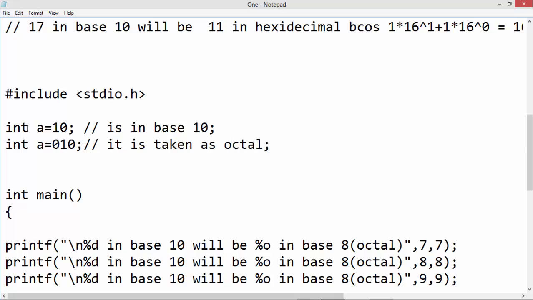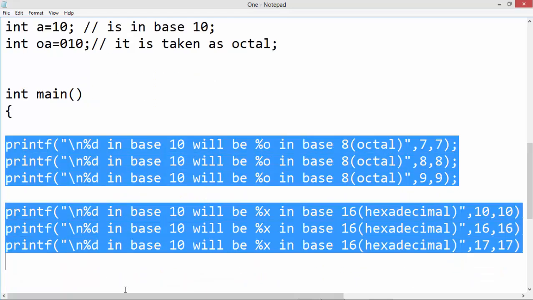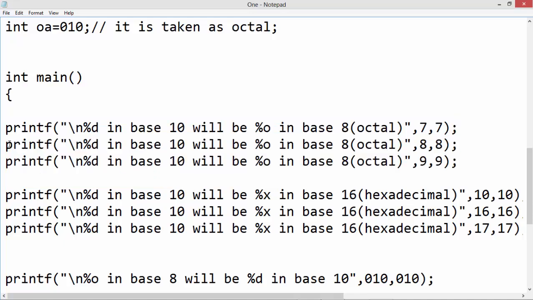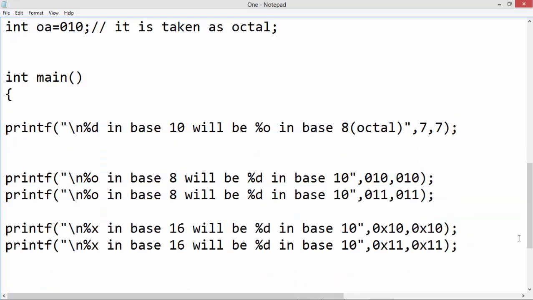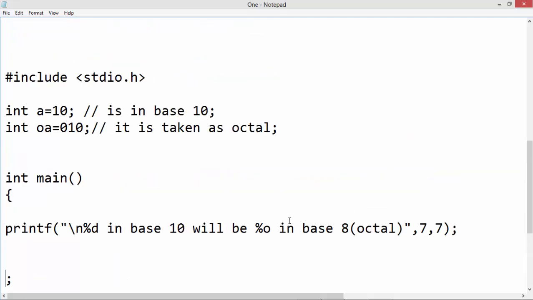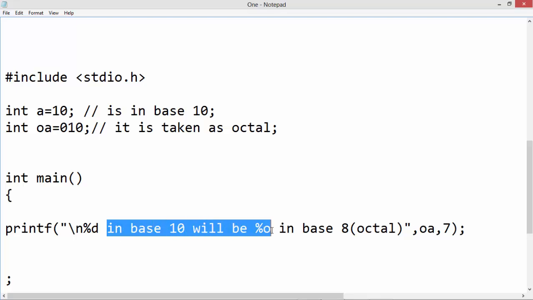So if I display the value of a, let me take oa in base 8.